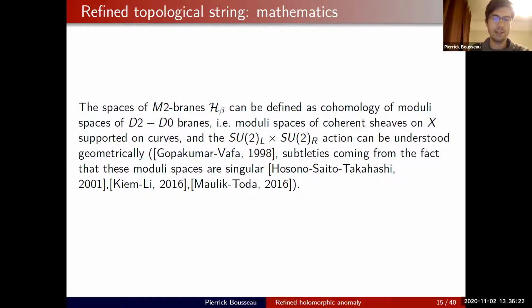And then it's expected that this cohomology should be essentially the space you want, the space of BPS states of M2 branes. And then you should be able to recover this SU(2)L cross SU(2)R action from the geometry of this moduli space. For now, we'll not say more about it. Essentially, the vague picture I just described is due to Gopakumar and Vafa.